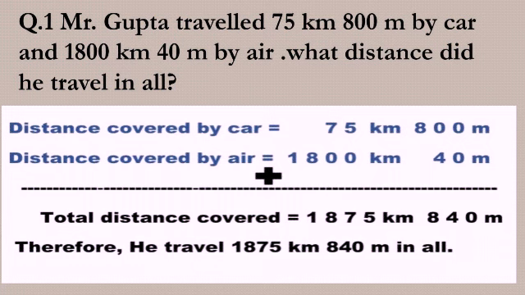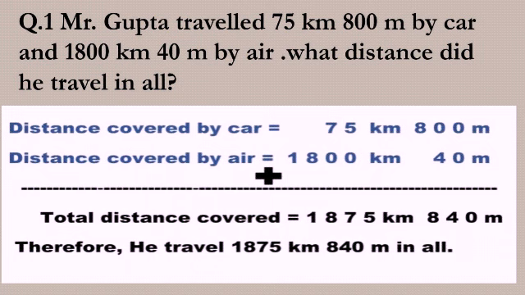What distance did he travel in all? I think you have recognized the keyword used here. The keyword is "in all". In all represents addition. So our question's operation is addition, which means it's an addition word problem.